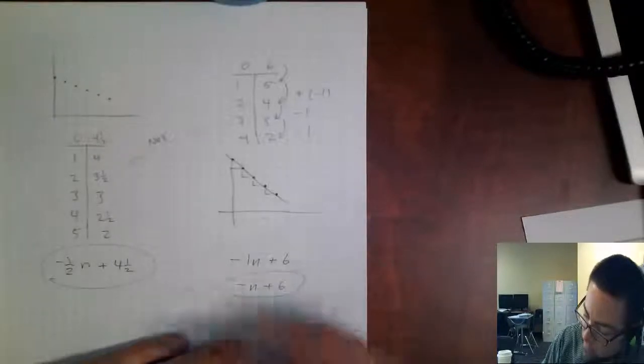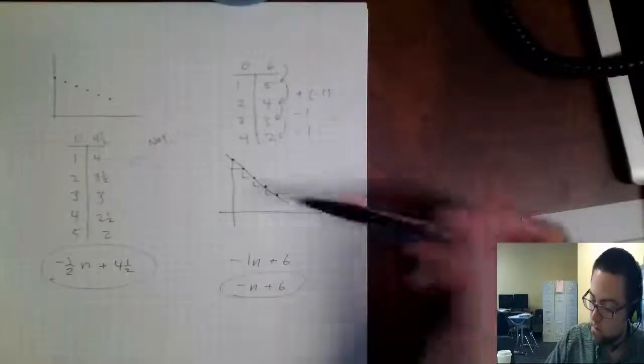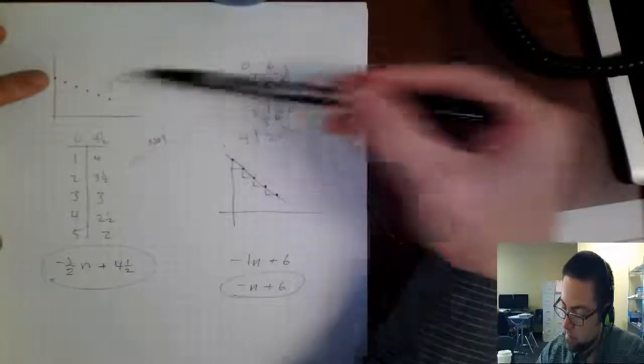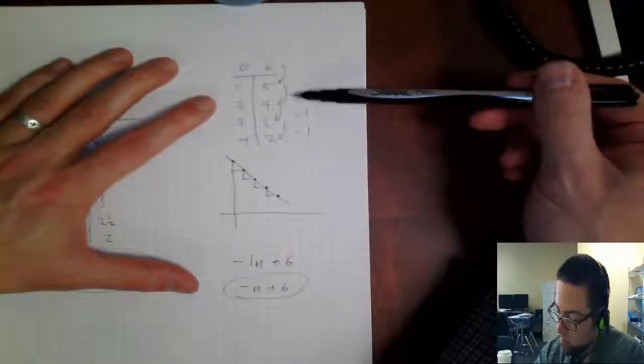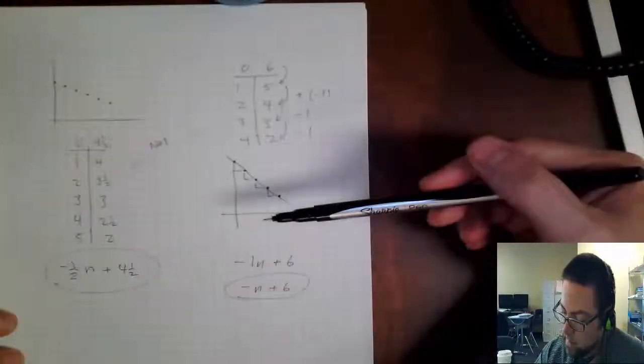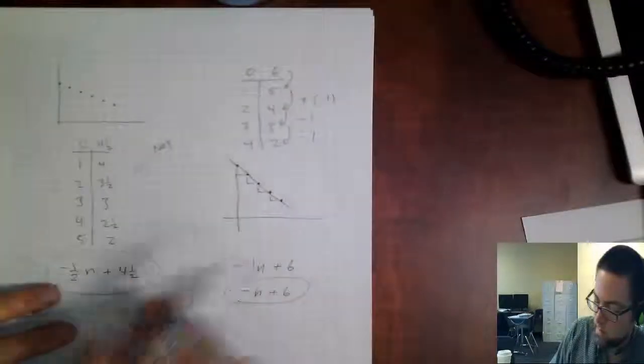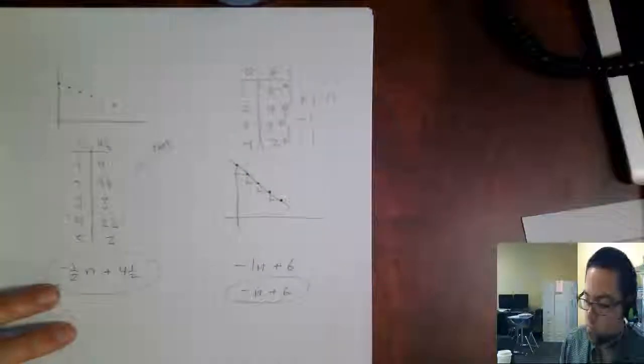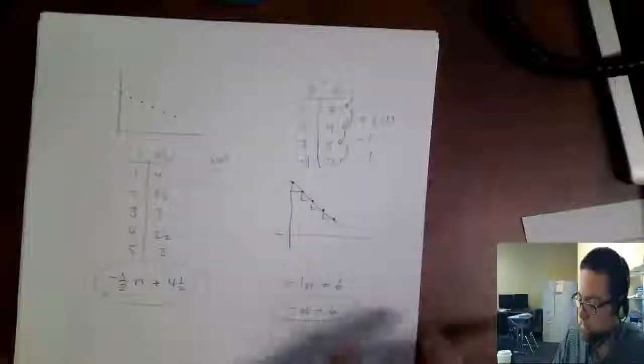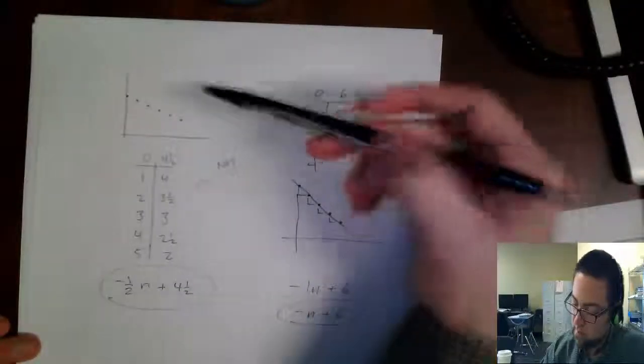People will drop that all the time. Okay, so there's your graph, your numeric, and your symbolic. Here is your numeric, graph, and symbolic, and we can just compare them and see that these are not the same functions.